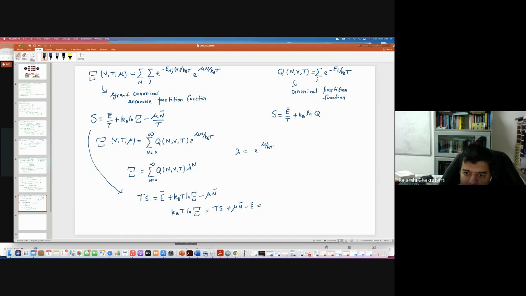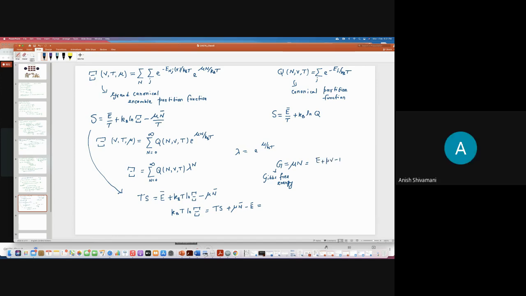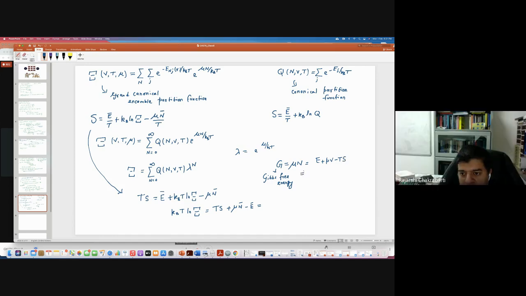I'll give you a hint. Your Gibbs free energy is mu N in the one-component case I'm doing now, and this is equal to the Gibbs energy definition. You know what that definition is? E plus PV minus TS. So it basically tells you that mu N plus TS minus E is equal to PV. So this is actually nothing but PV, isn't it?